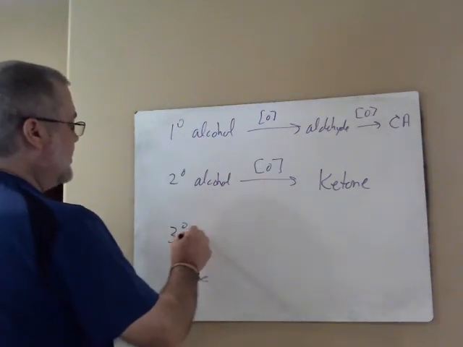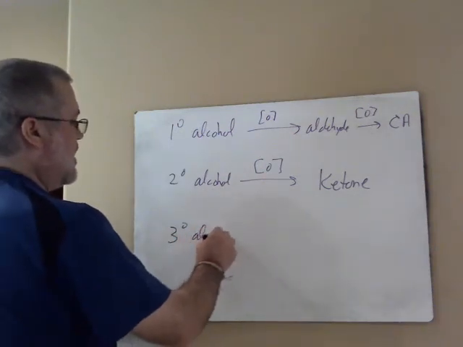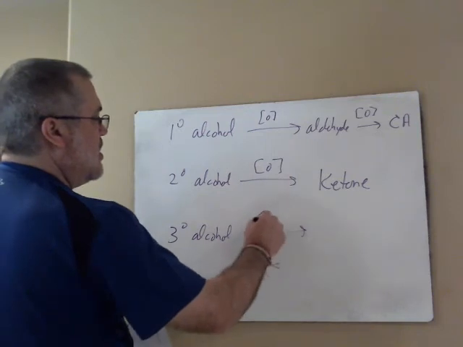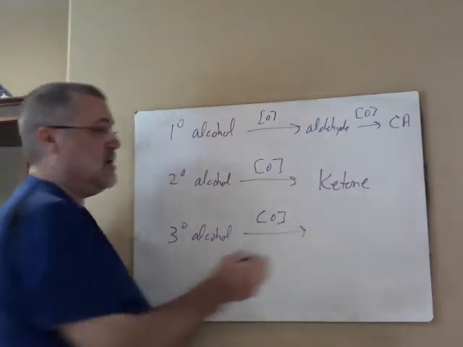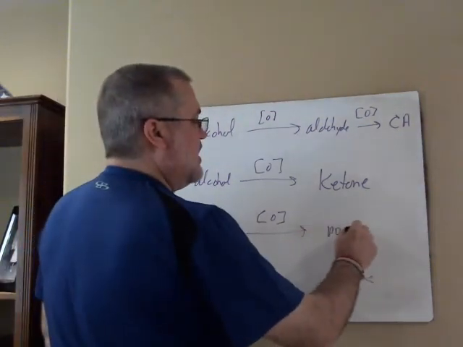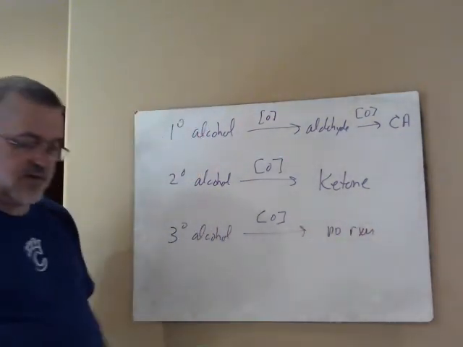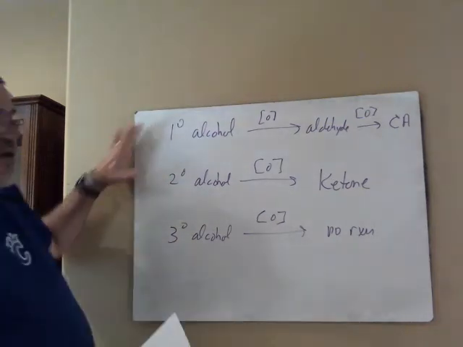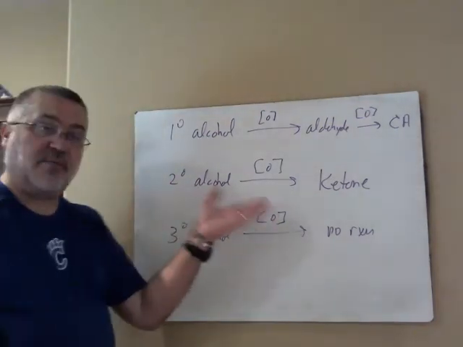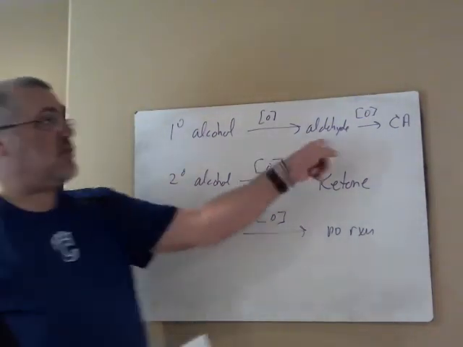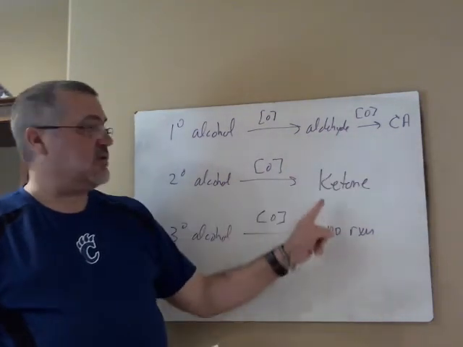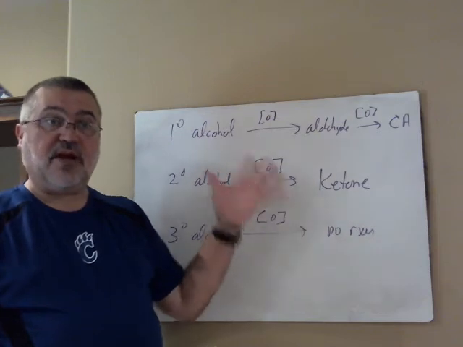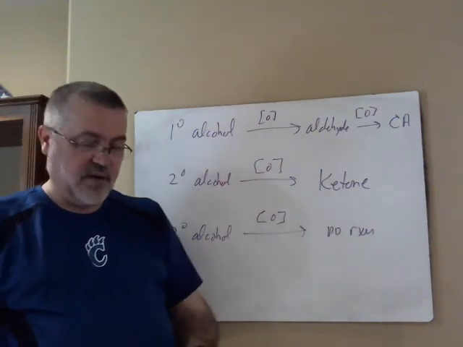And we're also going to see that if you take a tertiary alcohol, by respect of the mechanism, you cannot oxidize it. You get no reaction. So only primary and secondary alcohols can be oxidized, and I'm going to have three possible products: aldehyde, carboxylic acid, or ketone, depending on the reagent and the conditions.